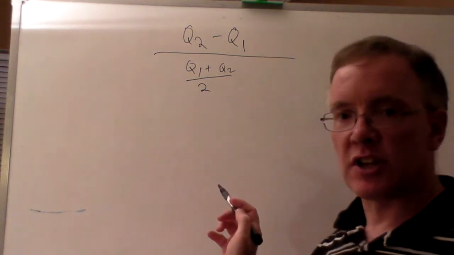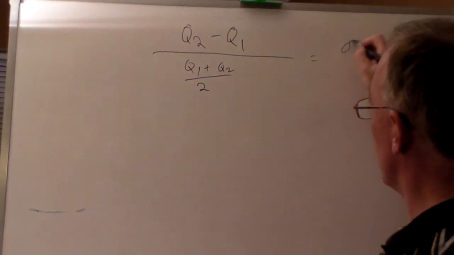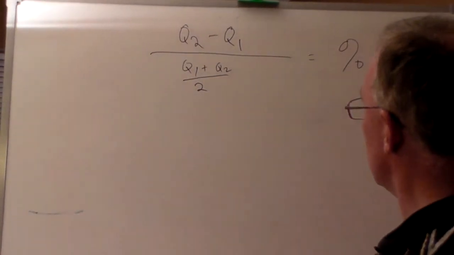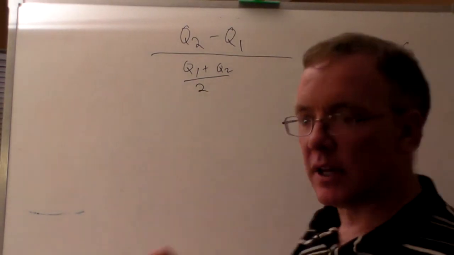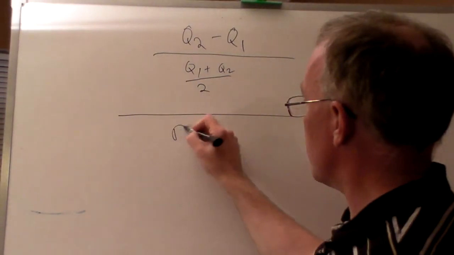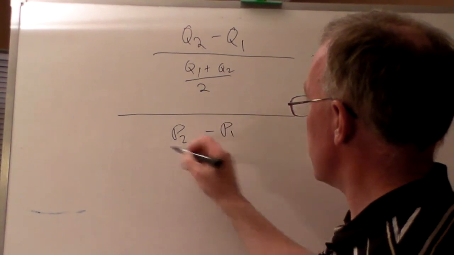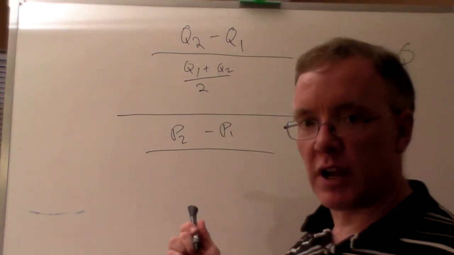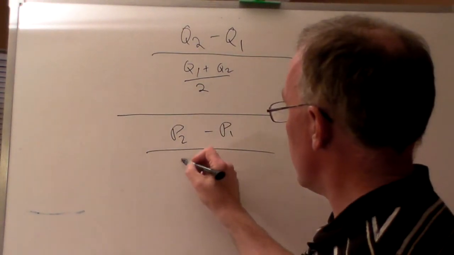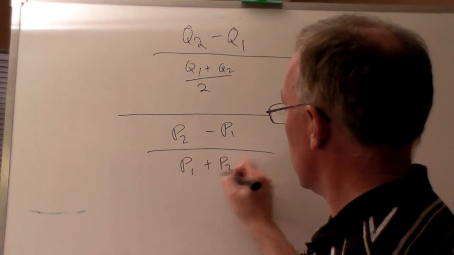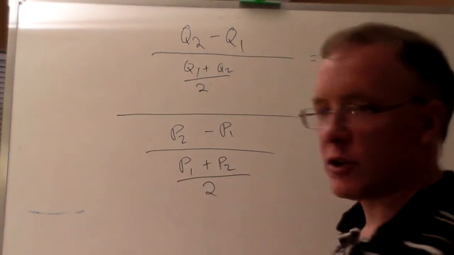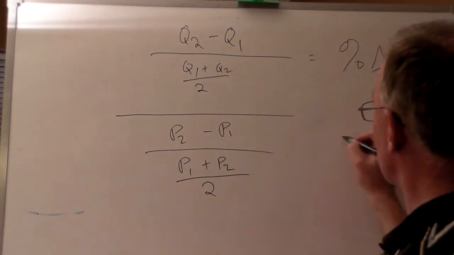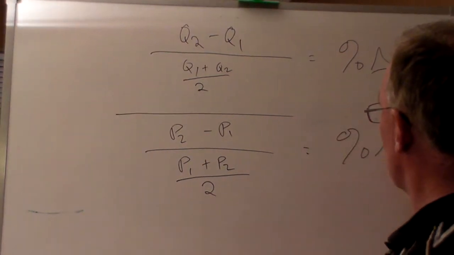And so that's the percent change in quantity, which is the numerator of our elasticity. And then the denominator is going to be the second price minus the first price, which is the change in price, obviously, over the midpoint, which would be the average of the first price and the second price. And so this is going to end up being the percent change in price.